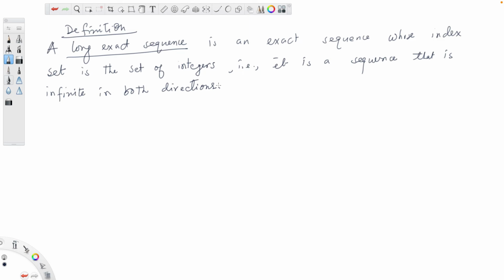It may, however, begin or end with an infinite string of trivial groups, okay? Infinitely many zeros, like trivial groups containing zero element only.